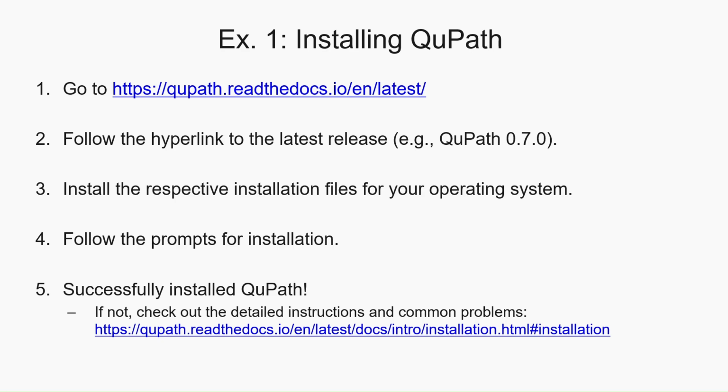Then we'll follow the prompts for installation, and then open the QuPath software, clicking through the various windows which will open on the first run of the software. If not, we'll be able to view the detailed instructions and common problems in the relevant part of the documentation for QuPath. Here I'll pause so you can try this yourself.